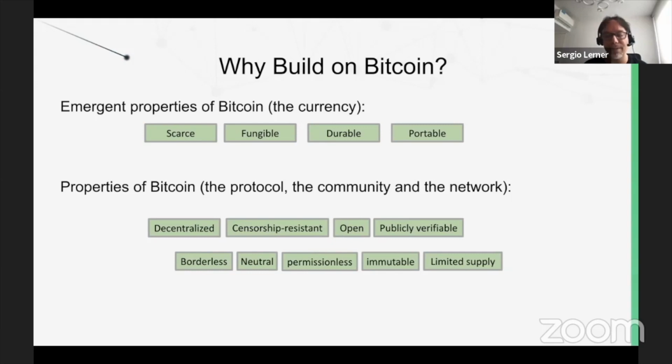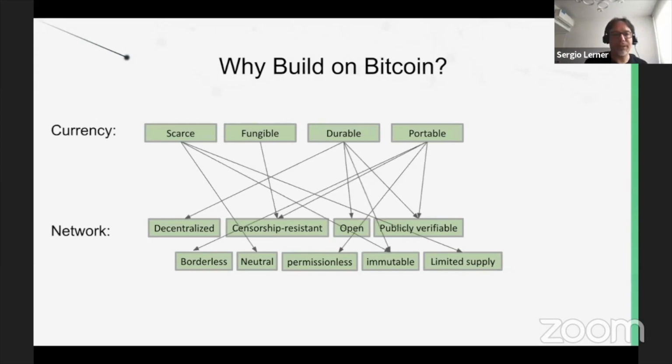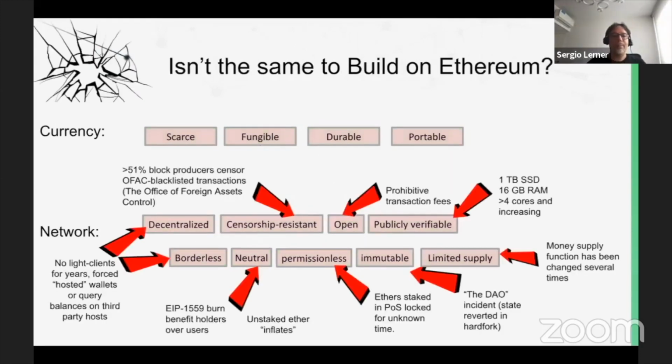But if we take a look at Ethereum, it's important to see that every single one of these currency properties is based on certain of these network properties. So the fact that Bitcoin is a store of value is an emergent result of one of these network properties. But if we take, as an example, Ethereum, which, I mean, I love Ethereum for its programmability, but if we take the network as an example, and ask if this network is able to create a store of value, we see many limitations.